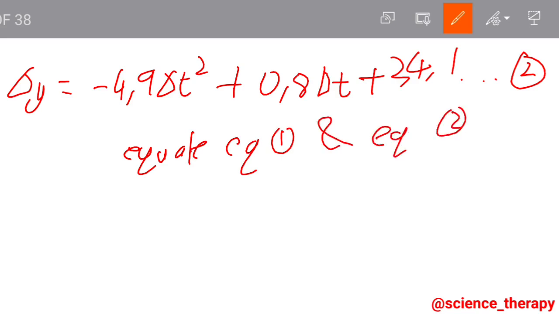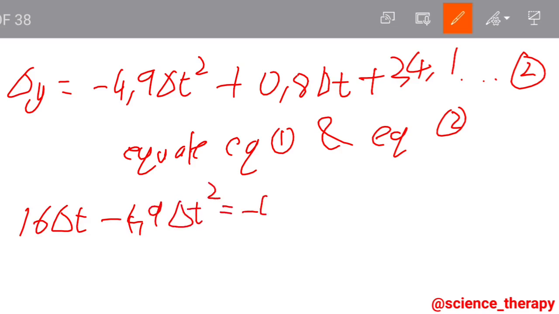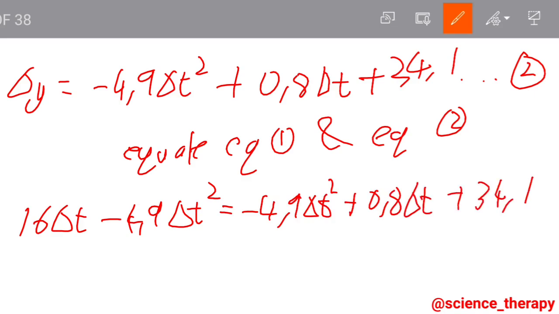Now for equation 1, what is it that we have? We have 16 delta T minus 4.9 delta T squared. Then for this one, negative 4.9 delta T squared plus 0.8 delta T plus 34.1, right?